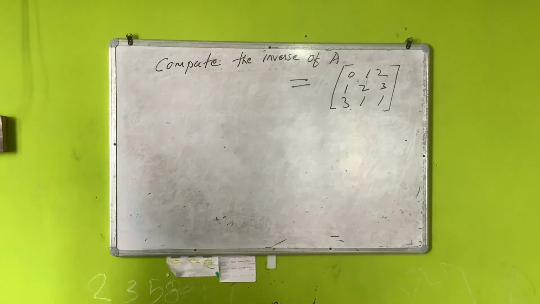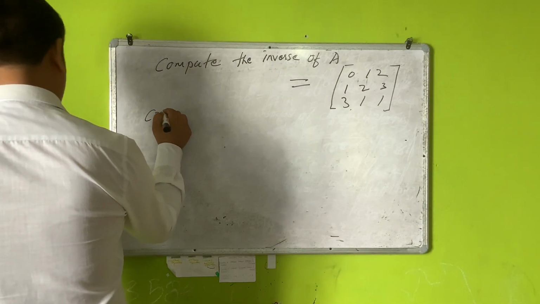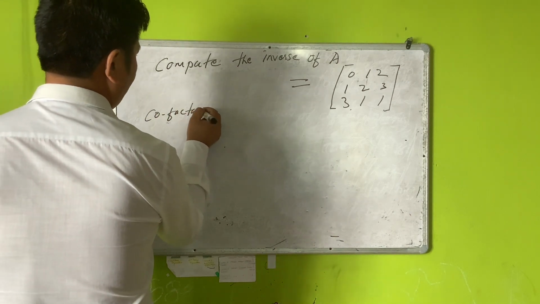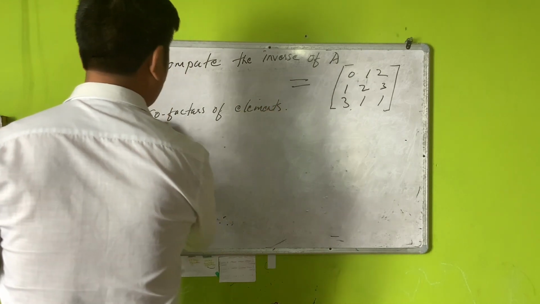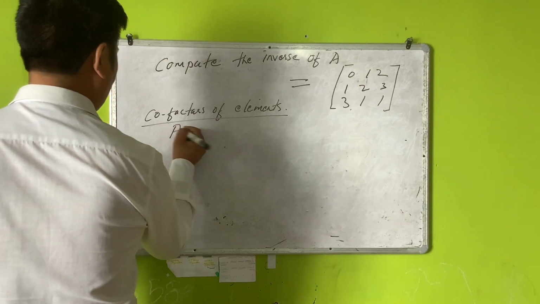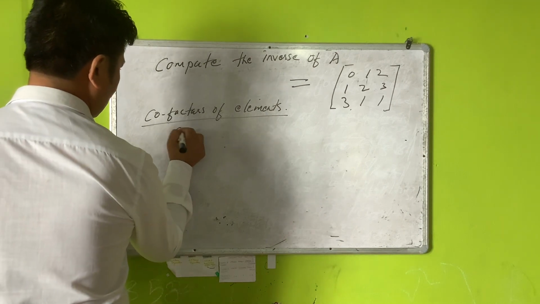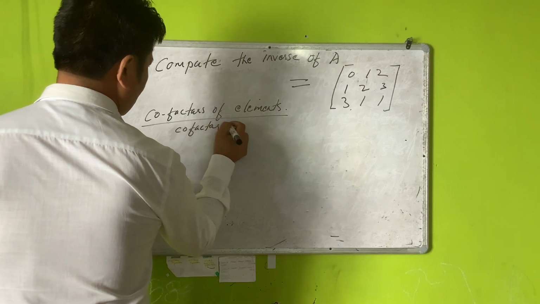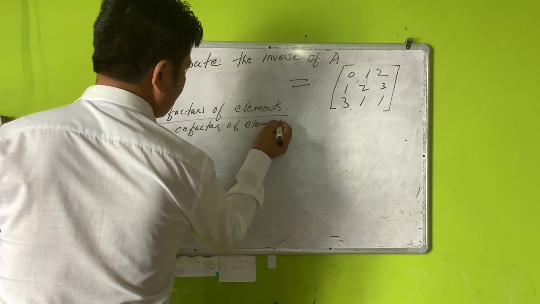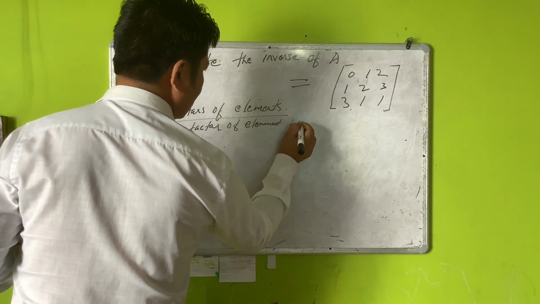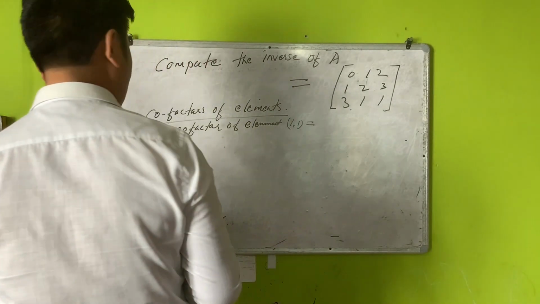Okay, so cofactors of elements. Cofactor of element A11 is equal to what?